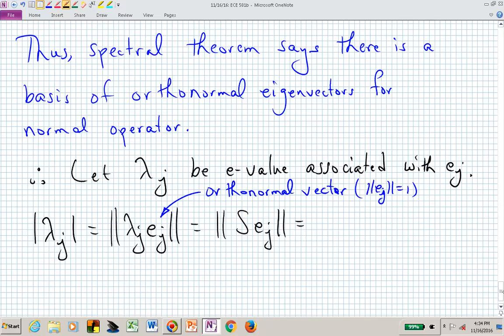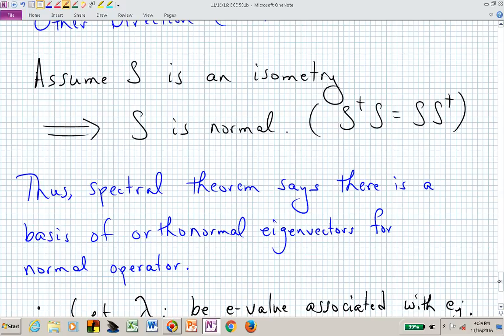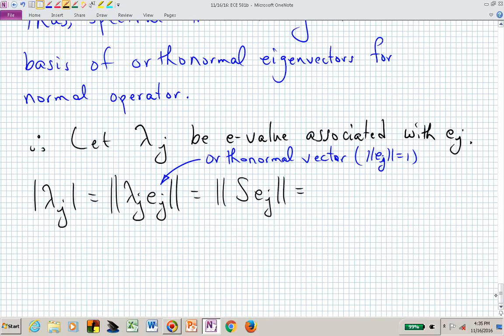But if S is an isometry, which we are saying it is since we're assuming statement A, what do we know about the norm of that isometry when it's applied to any vector? It preserves the norm. So now this is just the norm of E sub j.